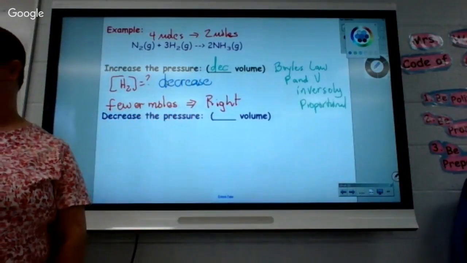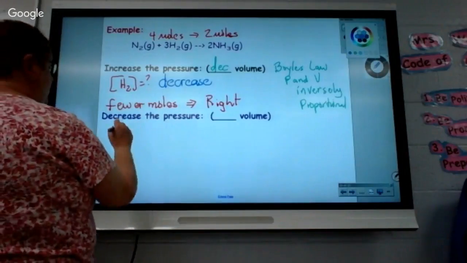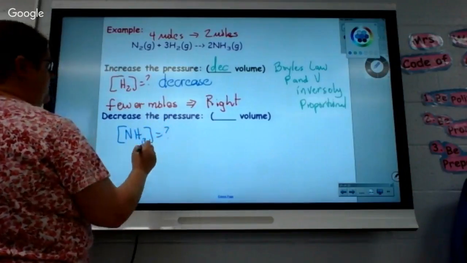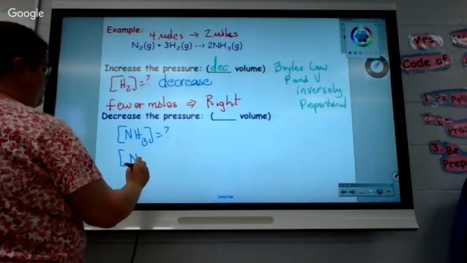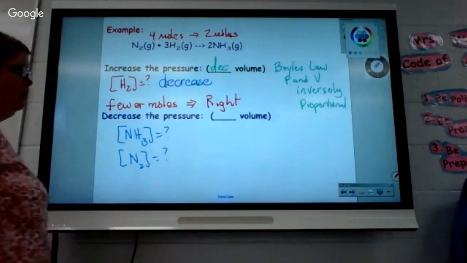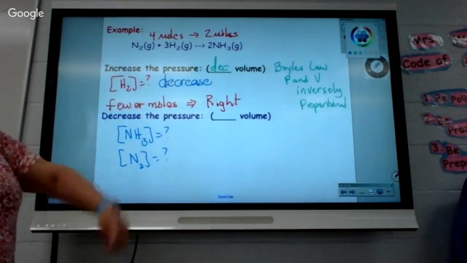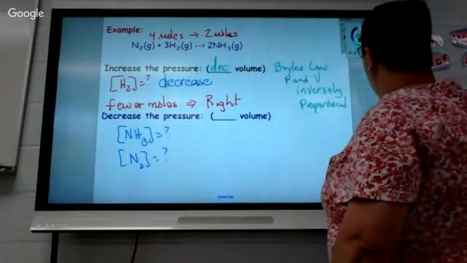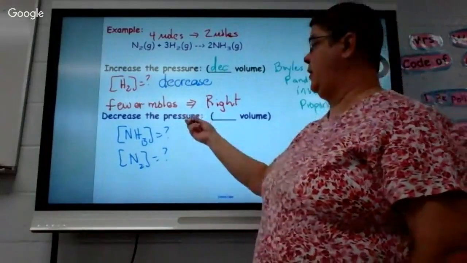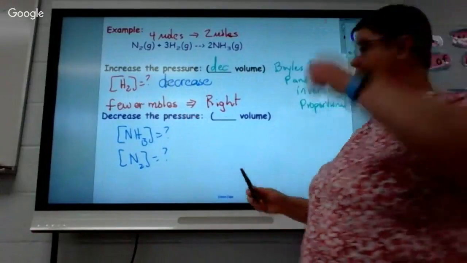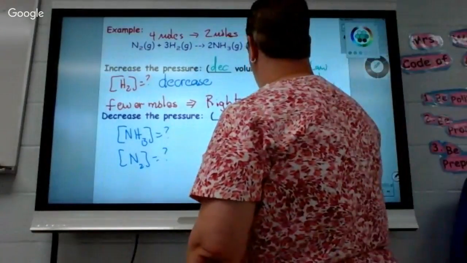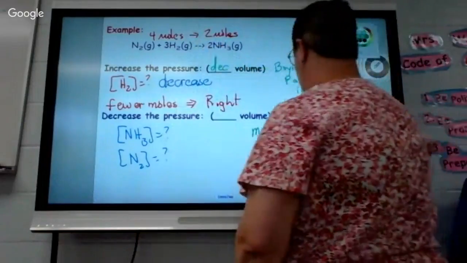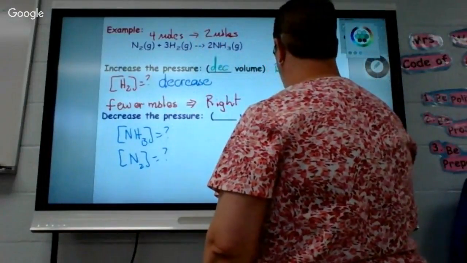Are you with me? All right, so let's just say here that I ask what happens to ammonia, and let's ask what happened to nitrogen this time. I'll ask what happened to two of them. So if I decrease the pressure, what's the rule? I go where? With the more moles. So if I go to more moles, which side has more moles up there? Left or the reverse side.